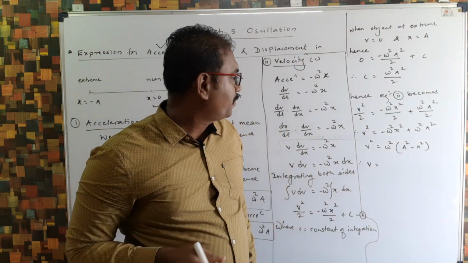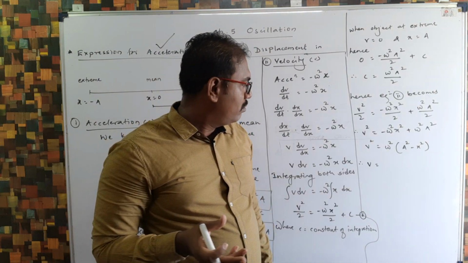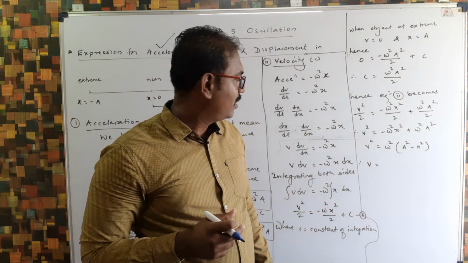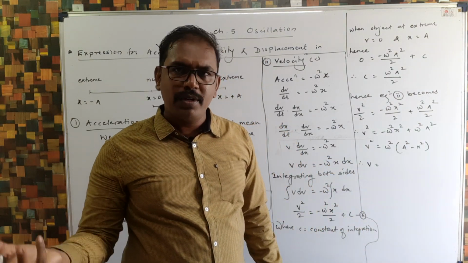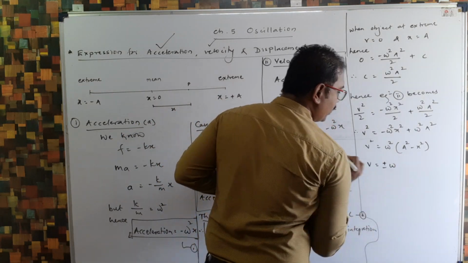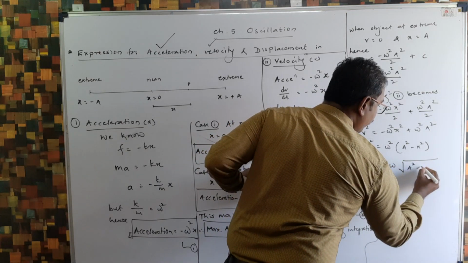But you know that minus omega square is also plus omega square, and plus omega square is also plus omega square. So it means that I can write here plus minus omega and under root a square minus x square.